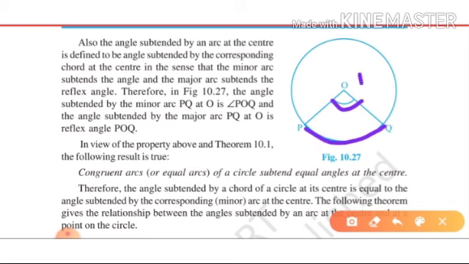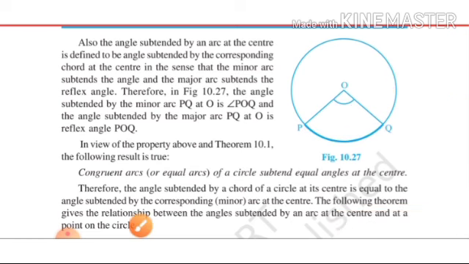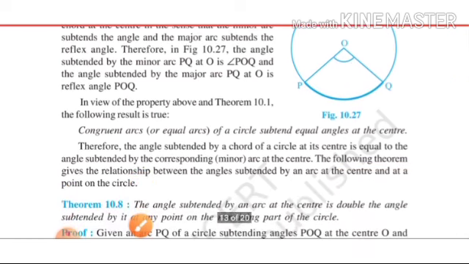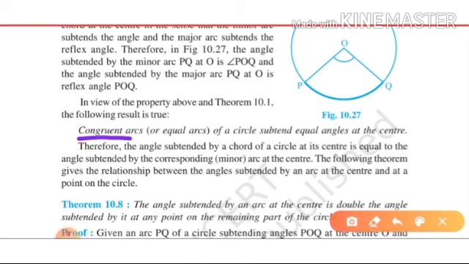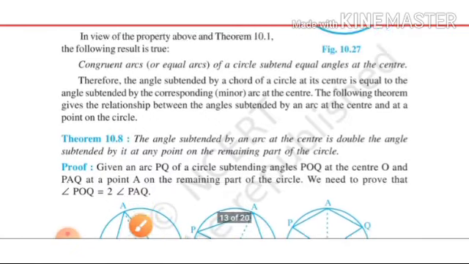This angle POQ will be the angle subtended by the arc PQ at the center of the circle. You can say congruent arcs or equal arcs of a circle subtend equal angles at the center. Same as two equal chords subtend equal angles at the center.